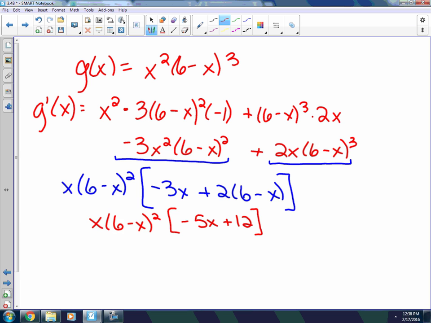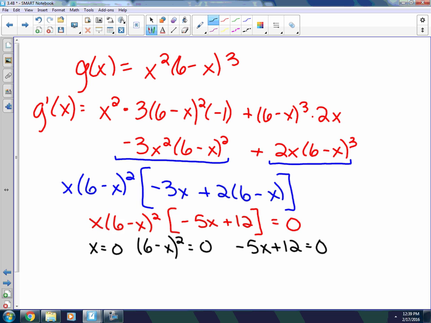Okay, now it looks kind of ugly, but we have 3 things that we want to set equal to 0. So this is actually a good spot to stop and find the critical numbers. Set this equal to 0, and we'll have all three parts equal to 0. Okay, so x equals 0 is one of my critical numbers.